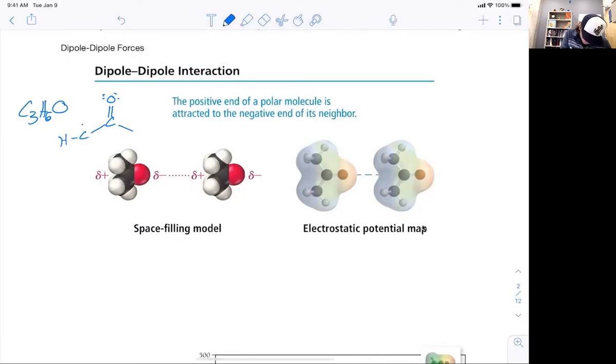And that middle carbon is connected to 2 CH3 groups, which are sometimes called methyl groups on the outside. So this is acetone. This is the chemical that gets used in a lot of different nail polish removers. If it's just a small amount and it's on the other side of the room, it kind of has a sweet smell.